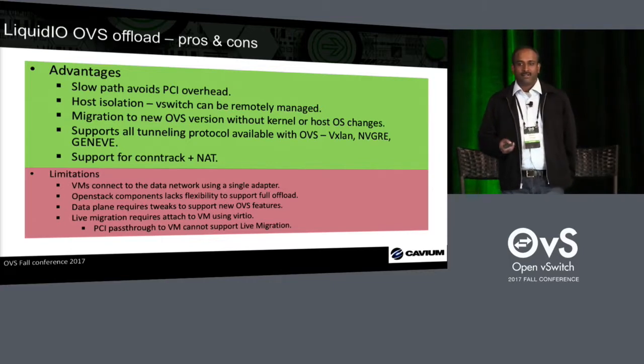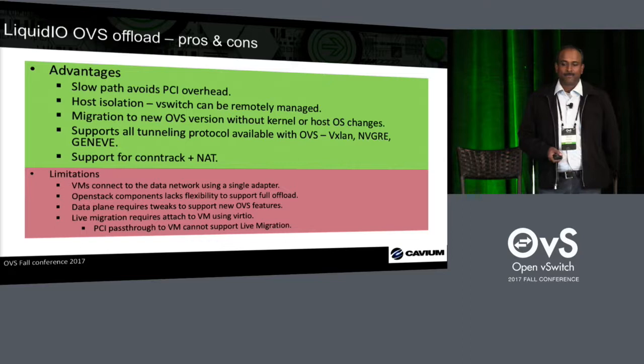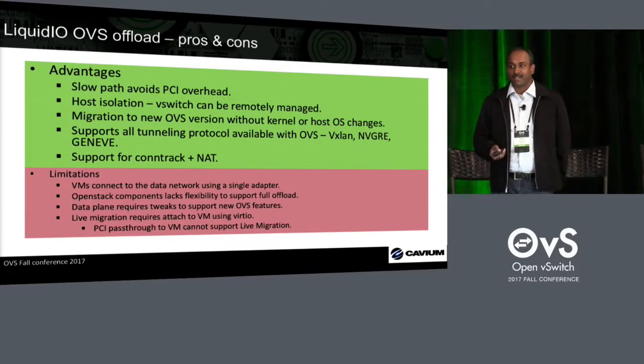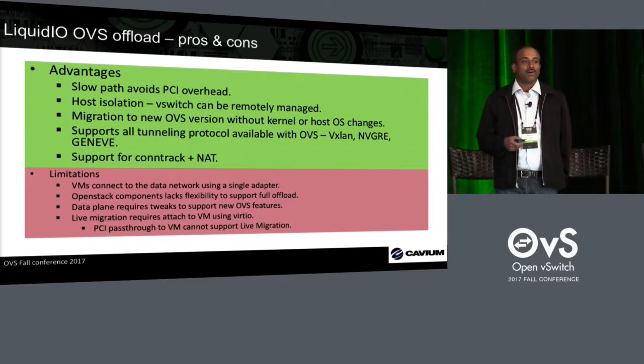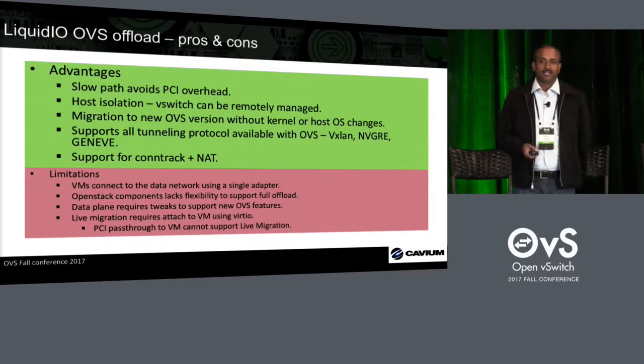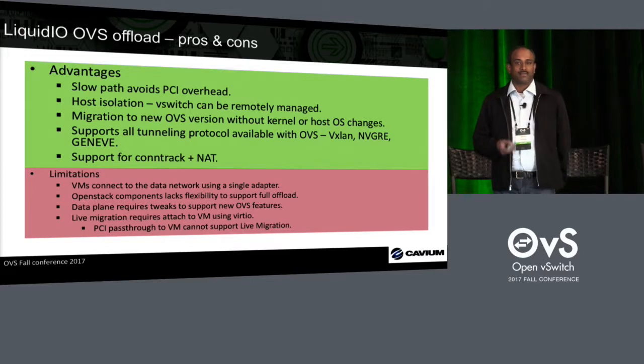But there are certain cons as well, right? Because you have the interfaces bonded and there are only two of them available, and OVS is fully offloaded onto that adapter, the network access for this OVS offload really has to rely on that one adapter, right?